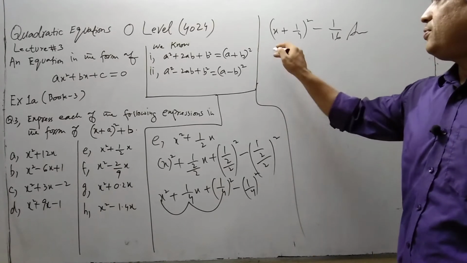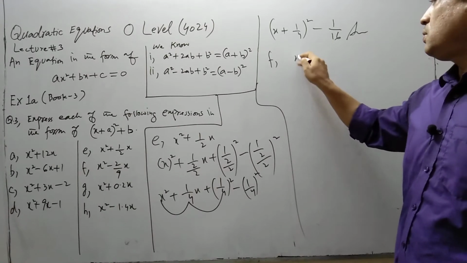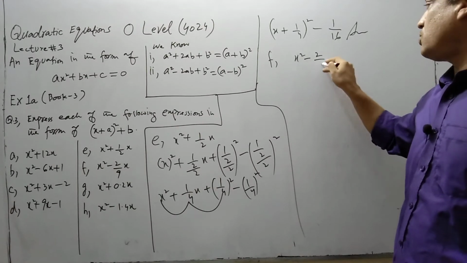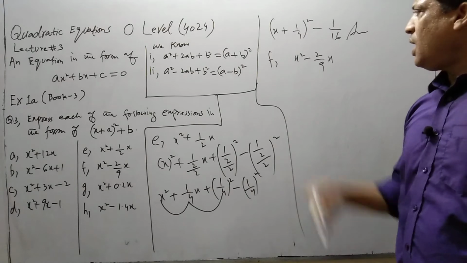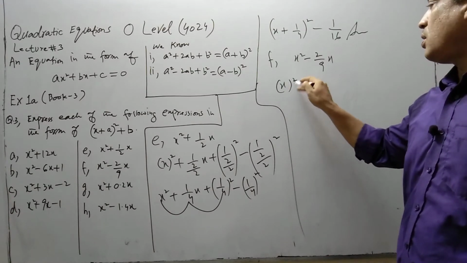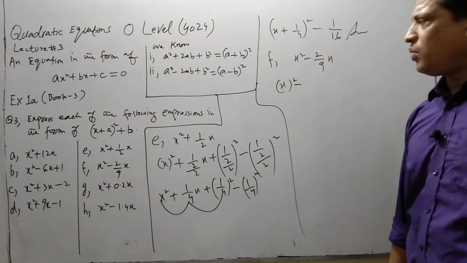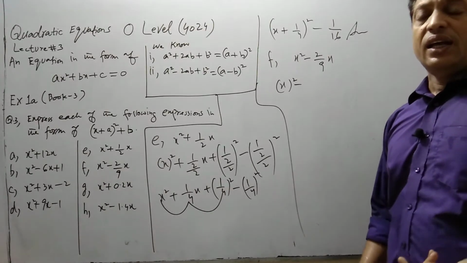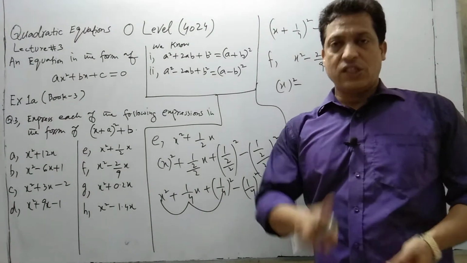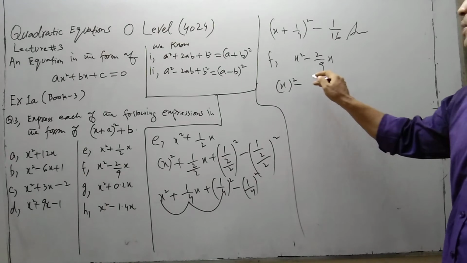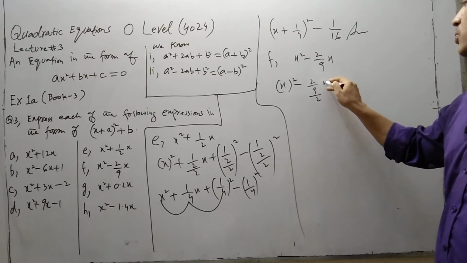Move to next part. What is part F? Part F is x square minus 2 upon 9x. Again x square. What is the coefficient of x? 2 upon 9. You always divide by the coefficient of x, divide always by 2. I hope you remember. 2 upon 9 upon 2x.